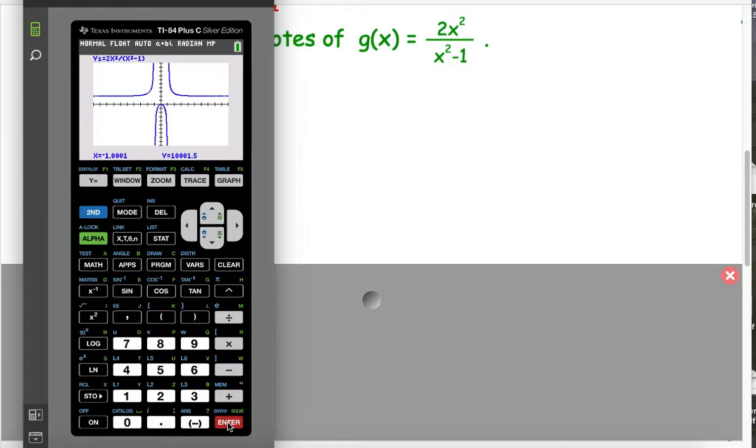And as x is approaching negative 1 from the right, our function is approaching negative infinity. And then the same thing over on the other side. As x approaches 1 from the left, that would be like 0.999, our function is also approaching negative infinity. And then if I'm approaching x equals positive 1 from the right, so like 1.01, 1.0001, it looks like our function is approaching positive infinity again.